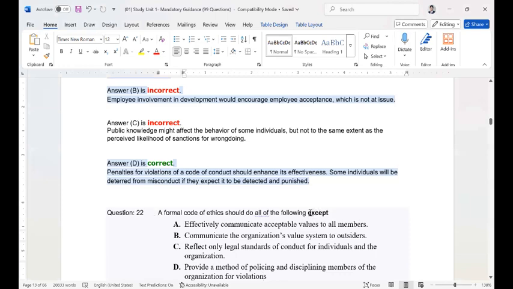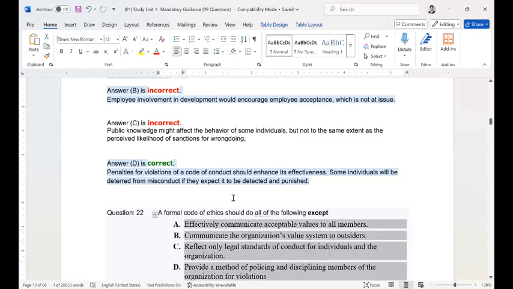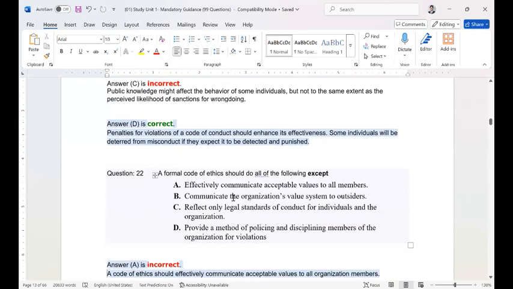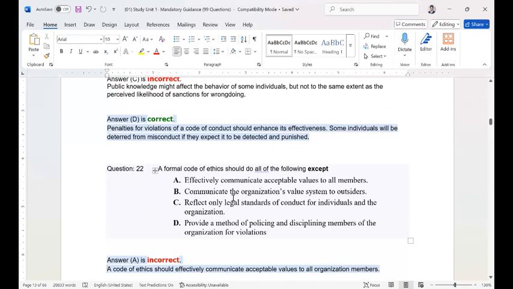Here they say except. Can you see except? That means three are right, one is wrong. So just read the options. Then you don't need to read the question. If there is except, that means three are right, one is wrong.